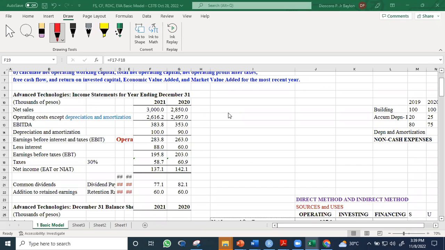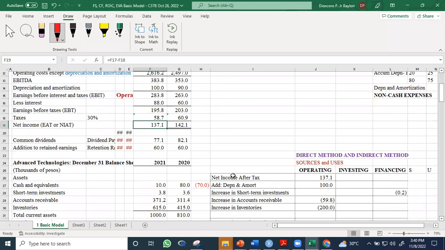You're correct. Sherwin, tama, no? Yes. Tama 'yon. So kahit yung EBITDA, lahat ng mga accounts, whether it be costs, whether it be interest, whether it be tax, lahat yan naka-incorporate na sa net income after tax.